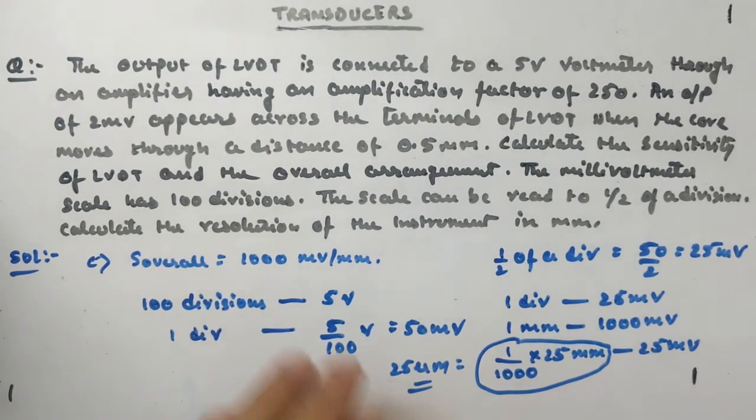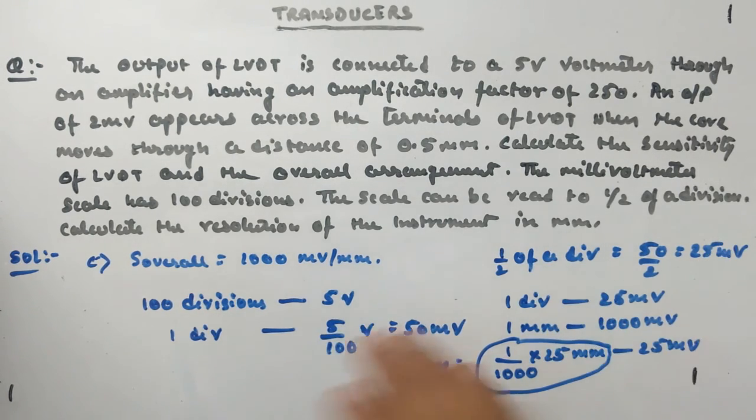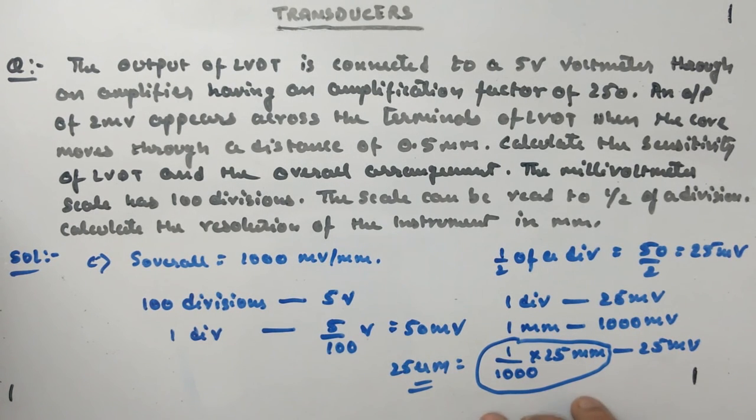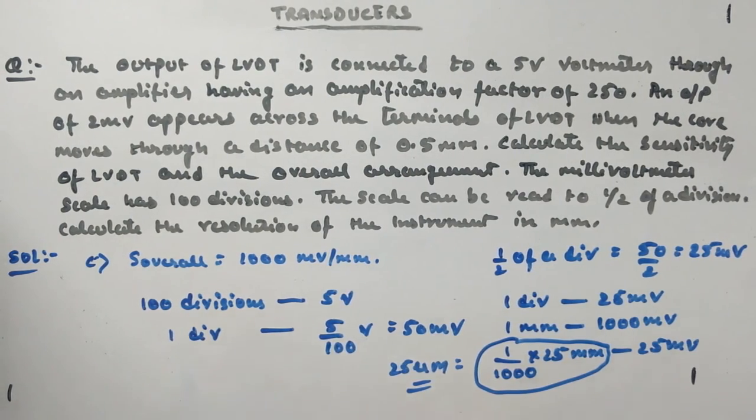That is what resolution means, the minimum value of input required to generate an output at the output of the overall arrangement. So 25 micrometer should be the change so that there will be an output. So the resolution of the instrument, the overall arrangement, is 25 micrometer.